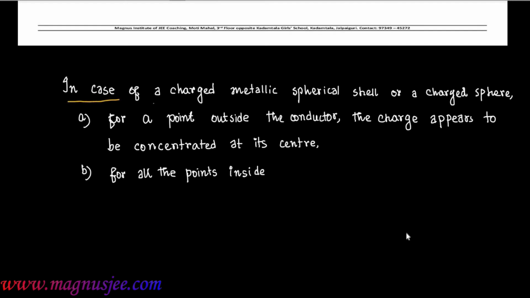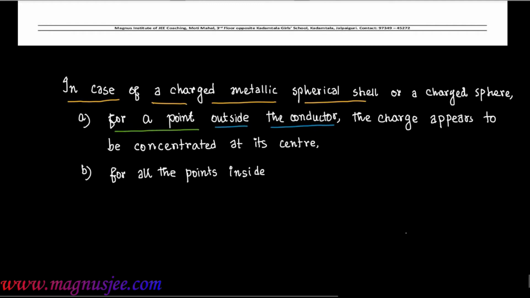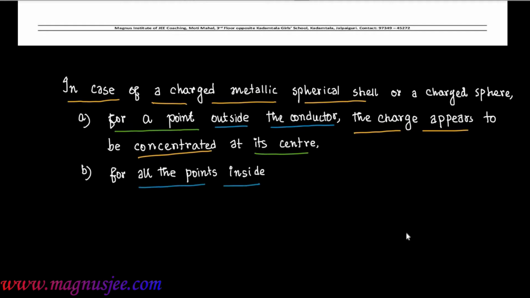What is the main concept of this numerical? In case of a charged metallic spherical shell or a charged sphere, for a point outside the conductor, the charge appears to be concentrated at its center.